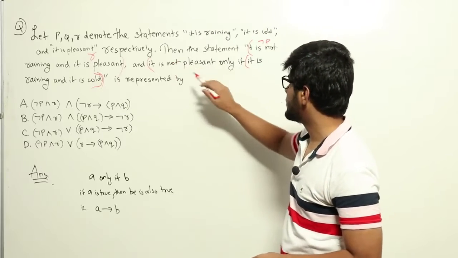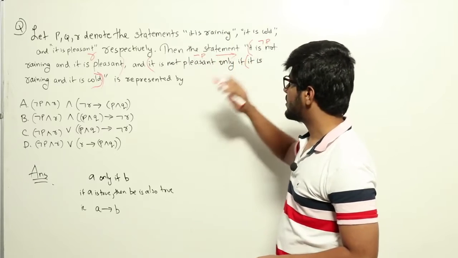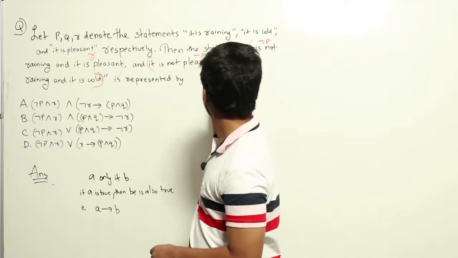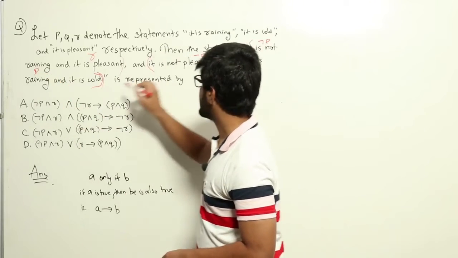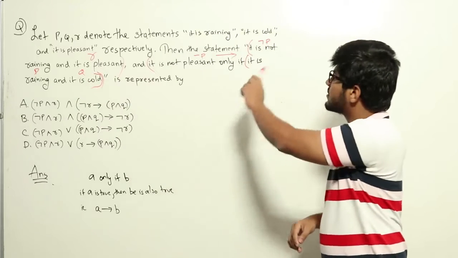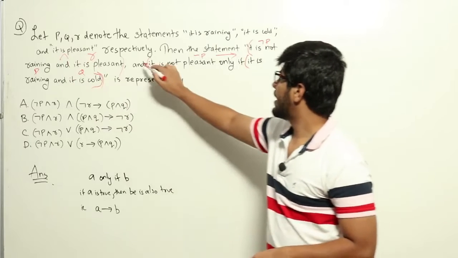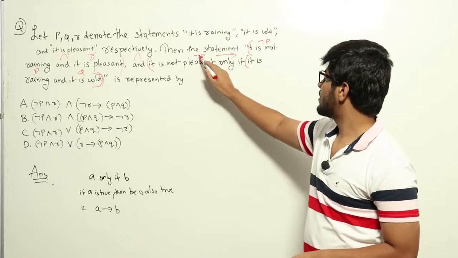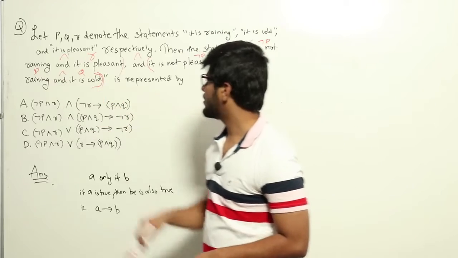So that is A implies B. It is not pleasant only if it is raining is P, and it is cold is Q. So the statement is negation of P and R, and negation of P implies P and Q.